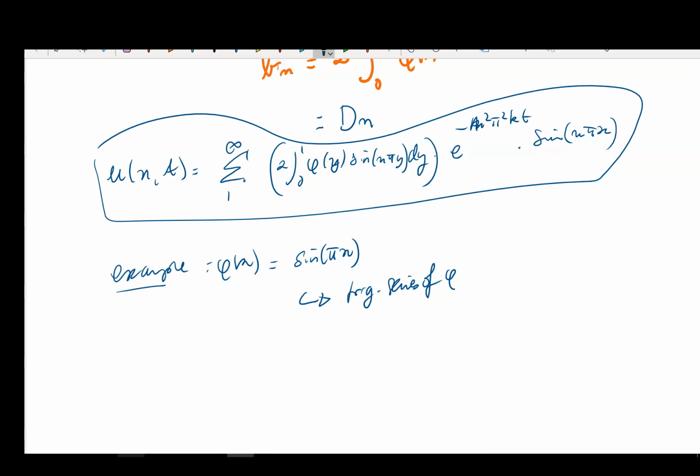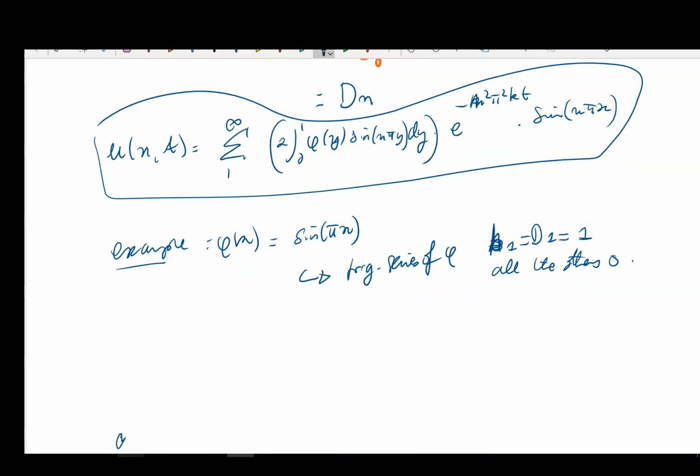And it just has one coefficient. It's not A1 according to my notations, just the B1, which was what we call the D also above. It's just going to be 1, and all the others 0.